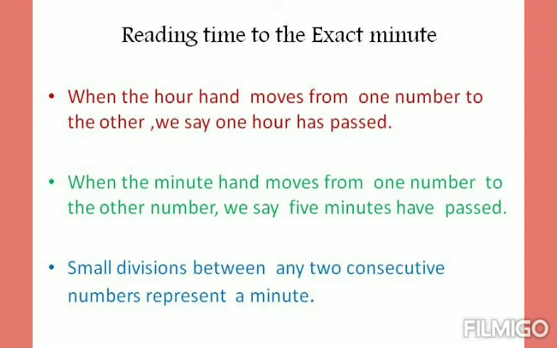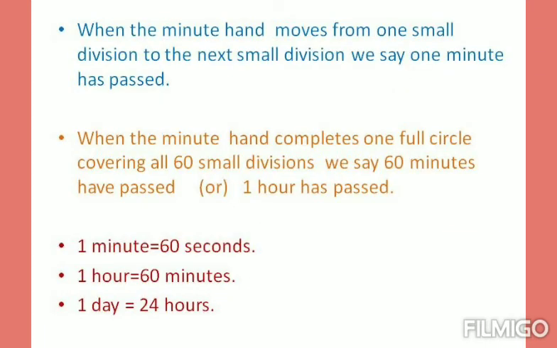So children, in the clock between any two consecutive numbers we have 5 small divisions. Each small division refers to a minute. Okay. When the minute hand moves from one small division to the next small division, we say 1 minute has passed. Similarly, when the minute hand completes one full circle, it has to cover 60 small divisions.